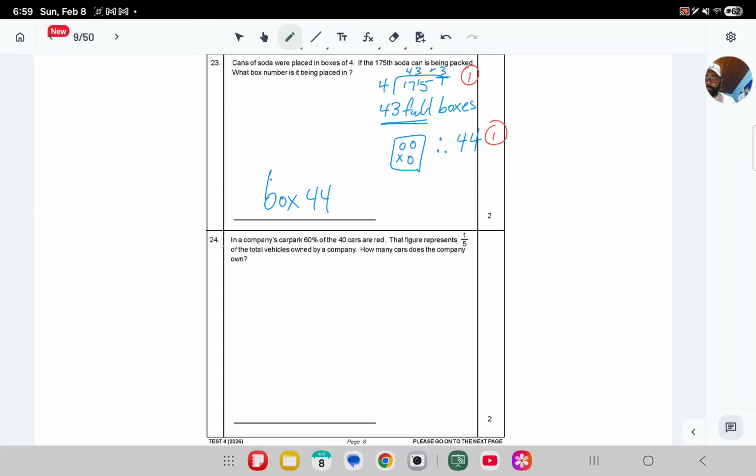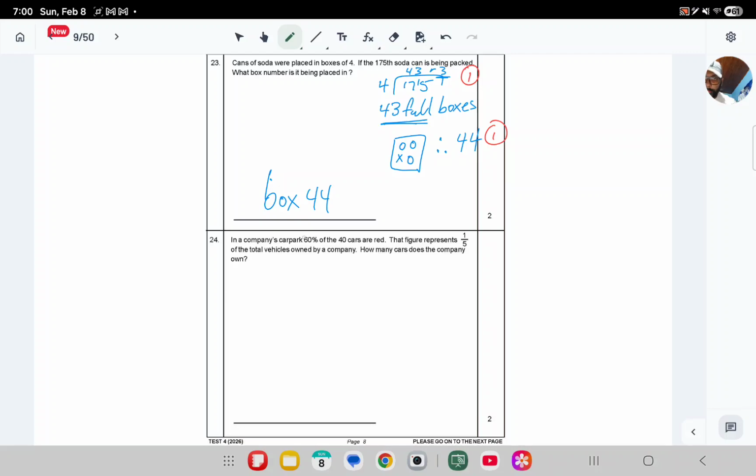Number 24, in a company's car park, 60% of the 40 cars are red. That figure represents 1/5 of the total vehicles owned by the company. How many cars does the company own? So basically they're asking for how many vehicles the company owns in total.